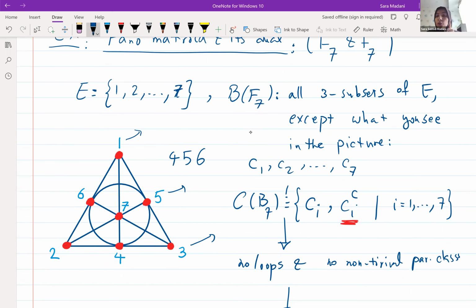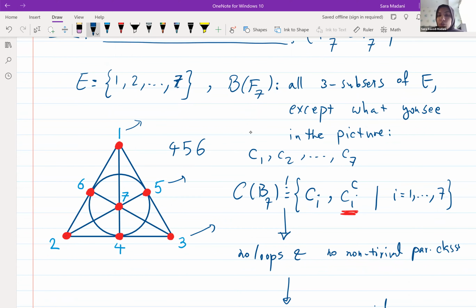No, B of F7 has a lot of elements, but when I go to circuits here, by Ci I mean the ones that you see in the picture, not all 3-subsets that we considered in B of F7. We just see 7 three-element subsets in the picture and their complements. So 14 elements inside. Yeah, exactly here.